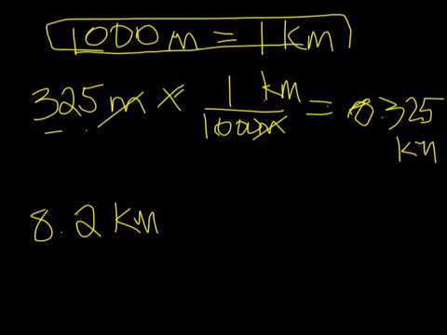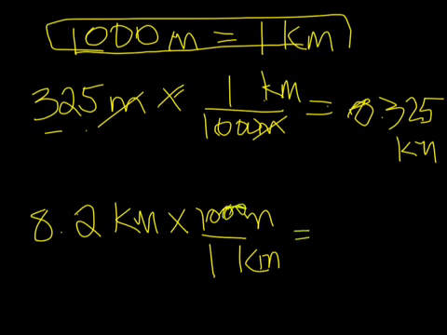And that works because the meters cancel out and leave us with kilometers. If I was going to try to get rid of kilometers, I would have kilometers in the denominator, and I would have meters in the numerator. 1 kilometer is 1,000 meters. So this would be 8,200 meters.